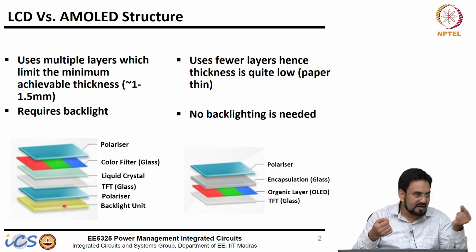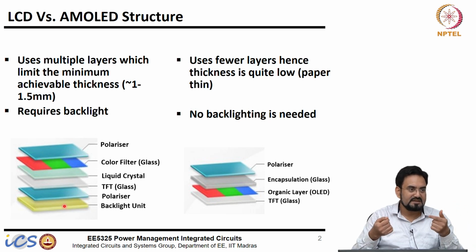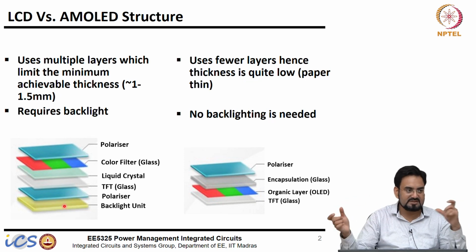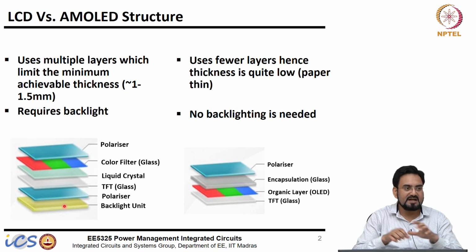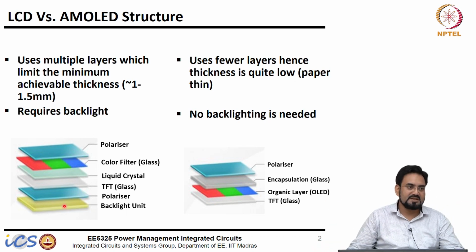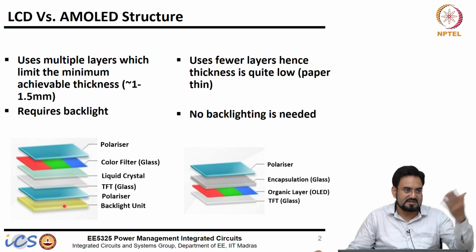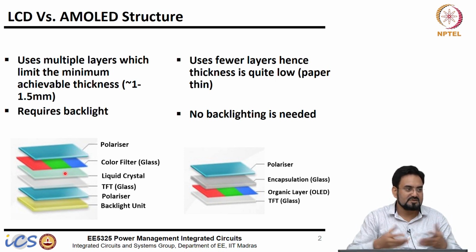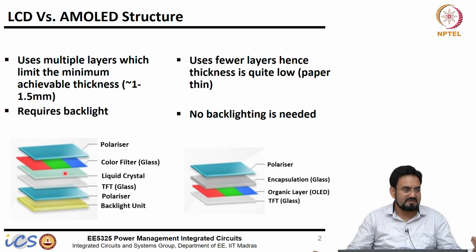You will find a rectangular white piece where you throw the LED light. On both sides or one side you will have LEDs, and it will diffuse the light so that it gets uniformly distributed in your display and you see a uniform brightness. Otherwise, if you do not have a diffuser, what would happen? You will see a spotlight, like one corner may be white, another may have less light, so it will not look uniform and the display will be very bad.